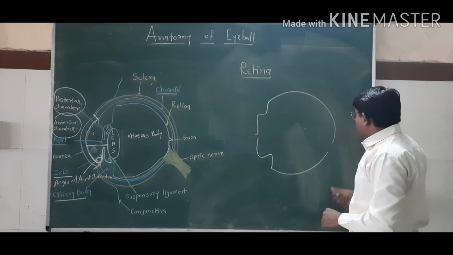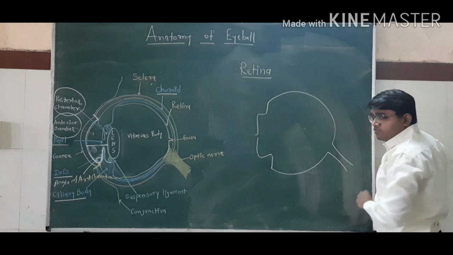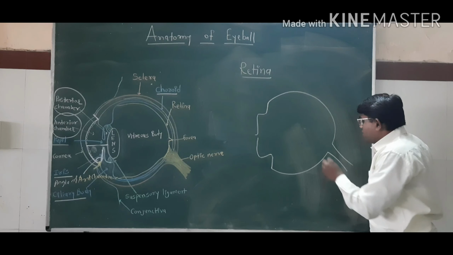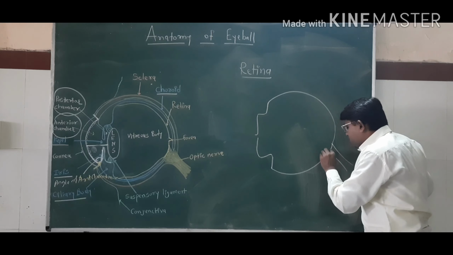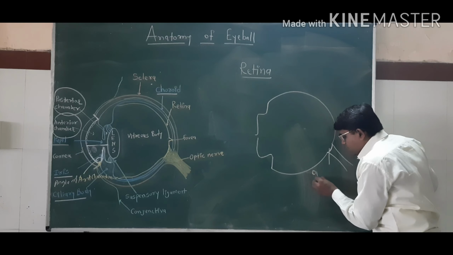Like that. So at the entrance of the optic nerve, here on the retina, there is one depressed area, and this depressed area is known as the optic disc.